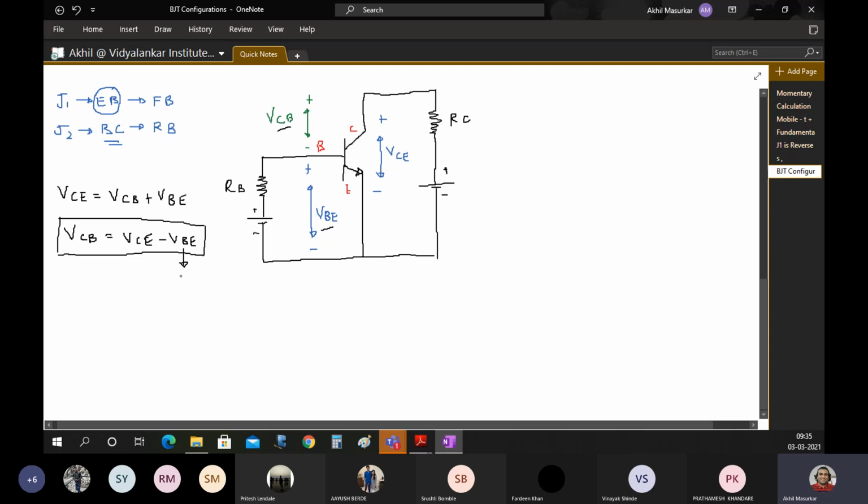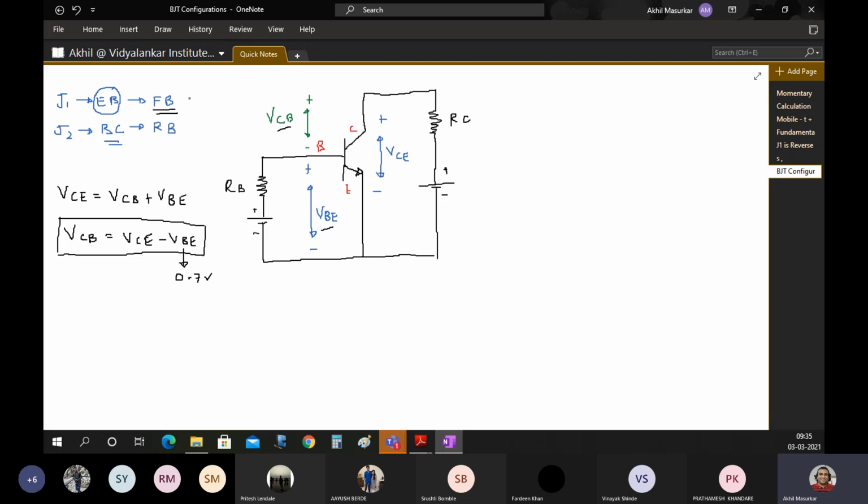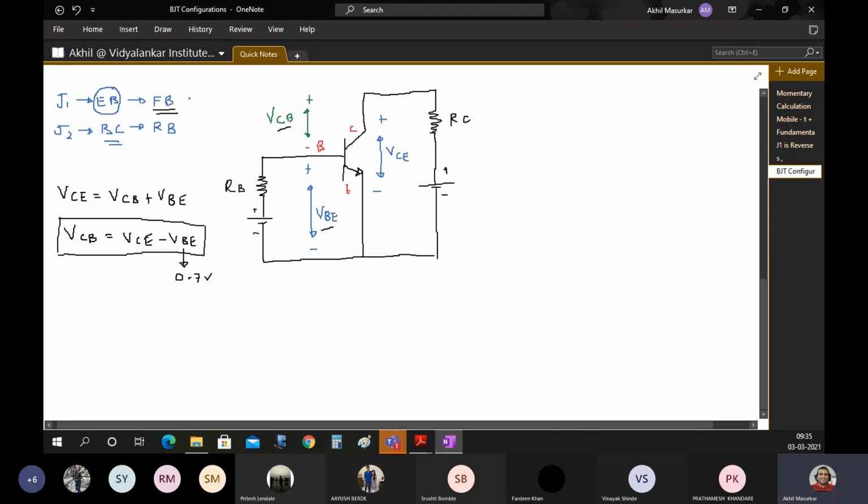VBE is generally 0.7 volts because this is a forward biased PN junction, and we have seen that for typical doping values, the voltage drop across a forward bias junction is 0.7 volts. So VCB is equal to VCE minus 0.7. So now we have identified both of them, VBE as well as VCB.